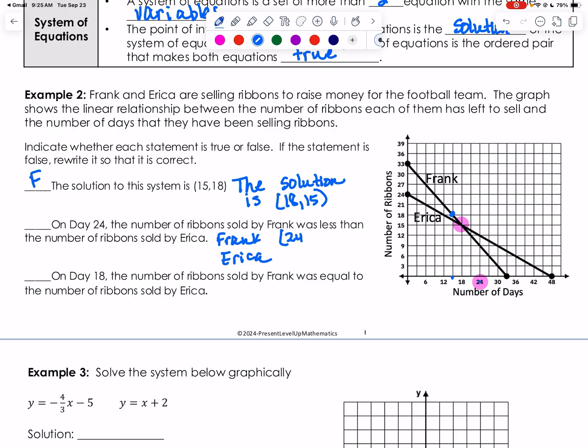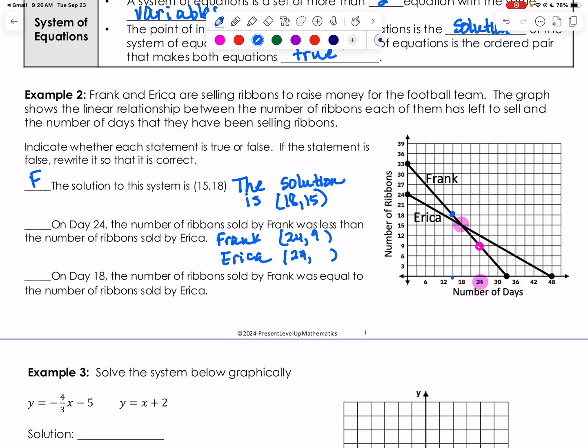On day 24, we want to figure out how many ribbons were sold by each of them. So on day 24, we have a point here. This is on Frank's line, and that would be 9 ribbons.